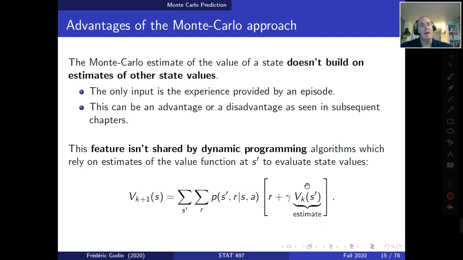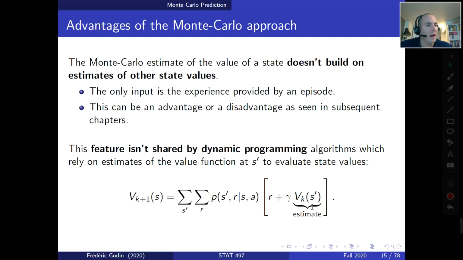So in the policy evaluation approach from dynamic programming, to form an estimate of the value of a state, you had to rely on your current or previous estimate of the value of all other states.